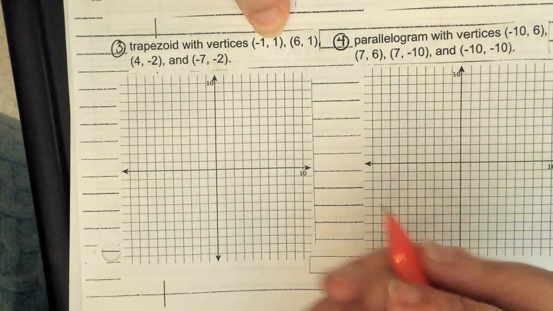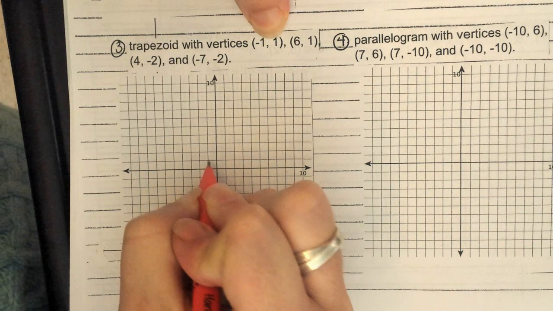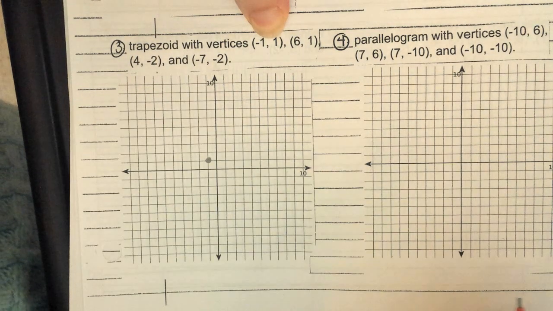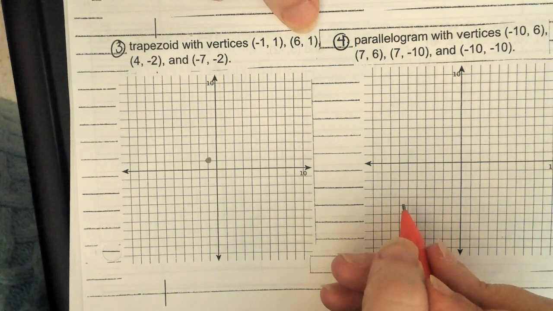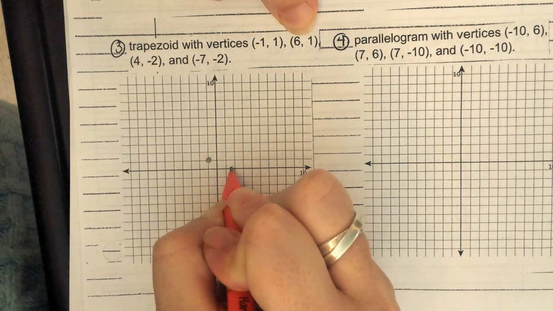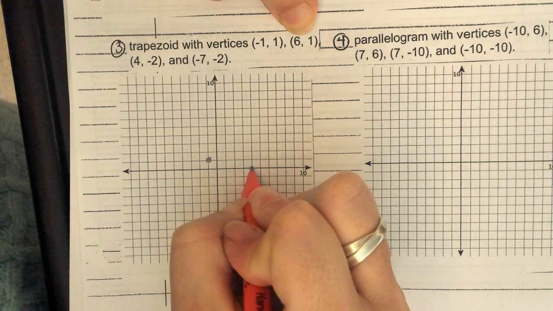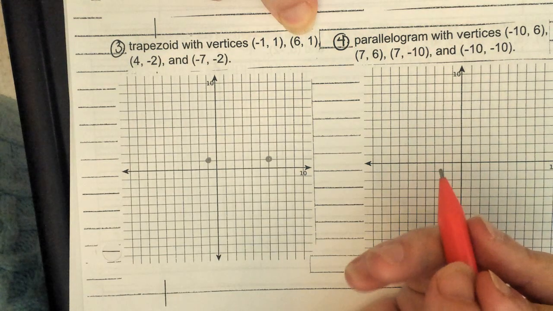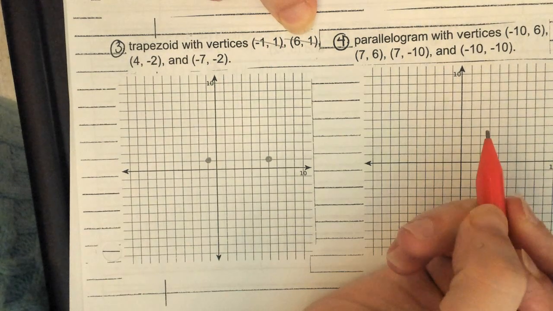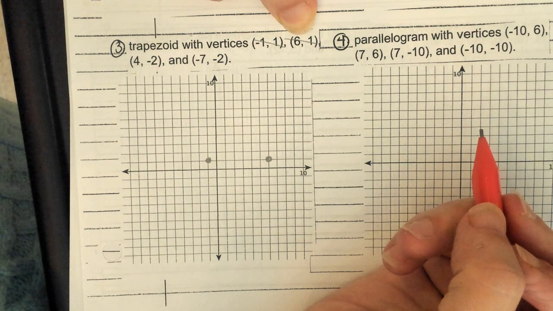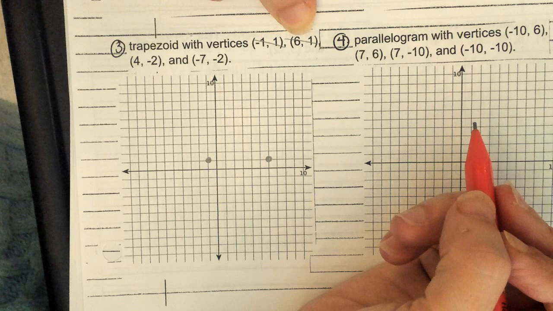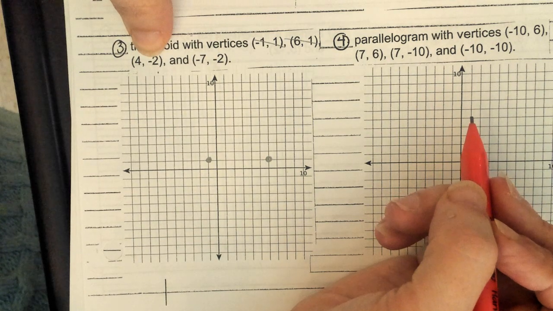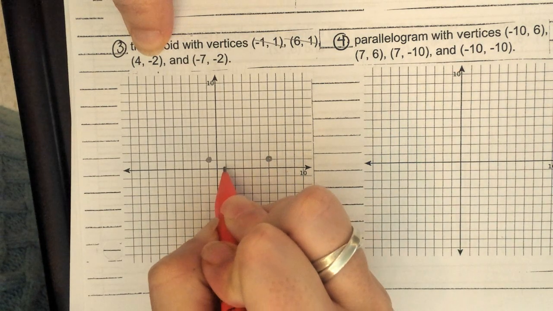Here we go. -1 and 1. Okay, 6 and 1. Okay, 4 and -2.